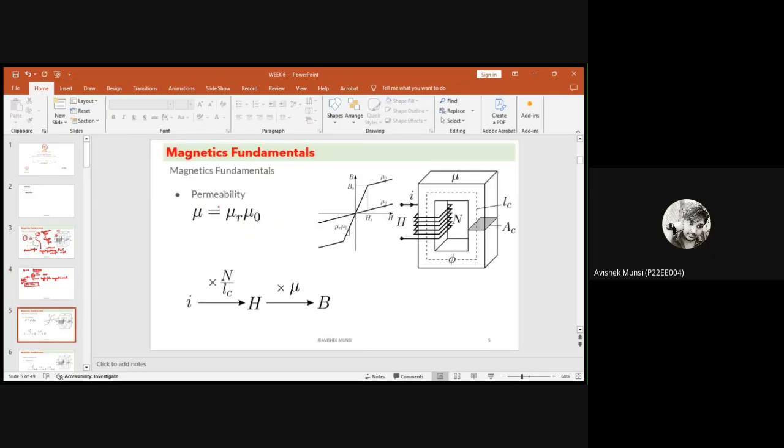Now the next thing we have to understand is the permeability. Basically, permeability of free space is mu zero. Mu zero is the free space permeability. How could you understand what mu zero is? Basically, it is derived from the above BH curve.